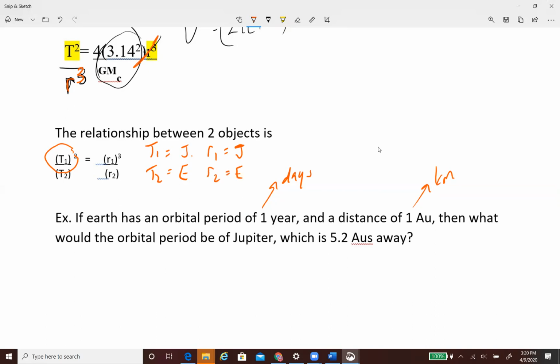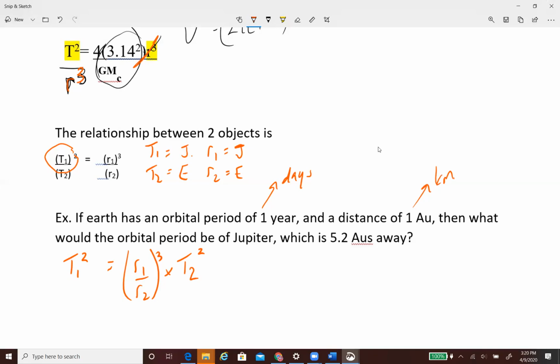So I'm going to make 1 Jupiter and 2 Earth. We're going to solve for T1 squared. T1 squared is going to equal R1 over R2, cubed, times T2 squared.